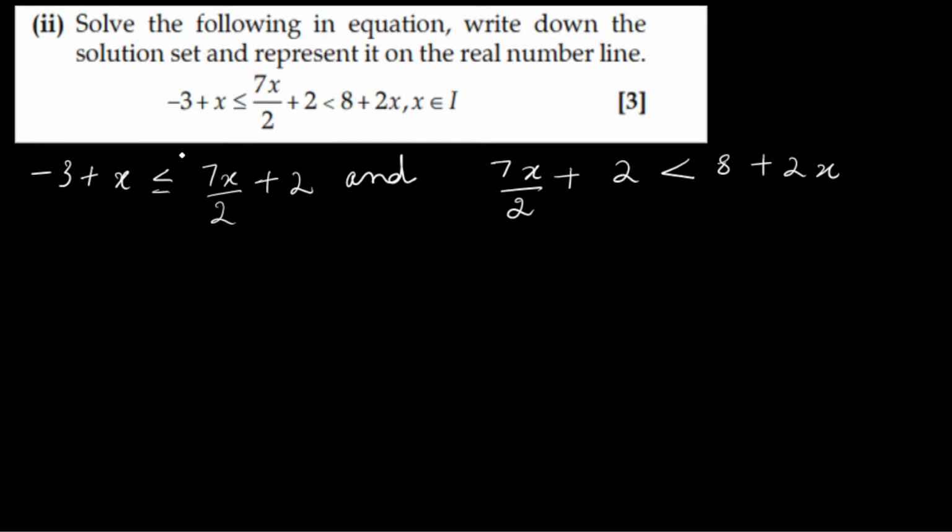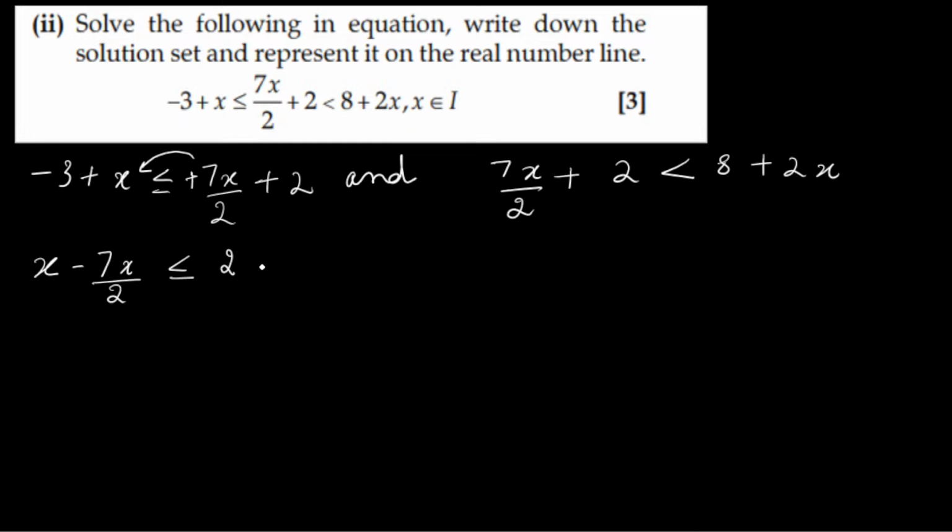First step is to shift like terms. So 7x by 2 is like with x, so I am shifting it. It will get subtracted because here it is positive; when I shift to the other side, it will become negative. So x minus 7x by 2 less than or equal to. Now I am shifting 3 to the other side, because minus 3 and 2 are like terms.